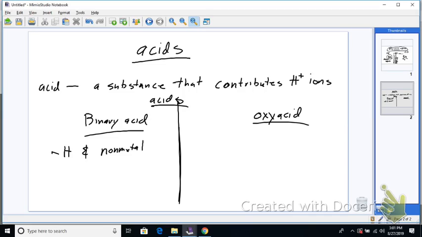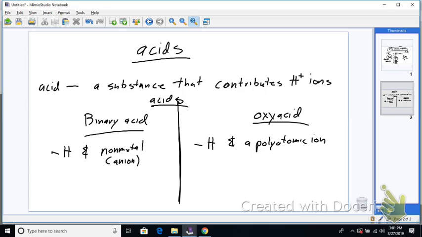Okay, oxyacid is going to be an H and a polyatomic ion. So if H is put with a polyatomic ion, it's called an oxyacid. If H is put with a nonmetal off the periodic table, or I could say an anion, instead of the other side's polyatomic ion, this would be an anion. It's called a binary acid.